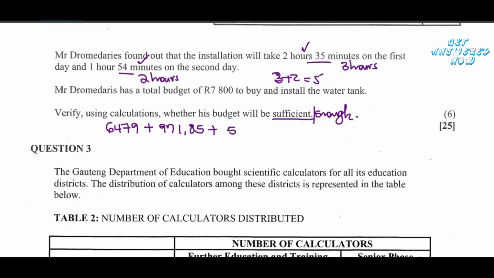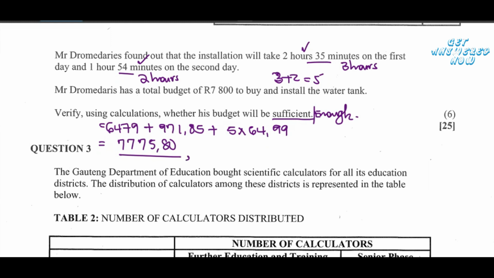So we shall say 5 hours times 64.99. So he ends up having 7,775.80. They said, verify using calculations whether his budget will be sufficient.